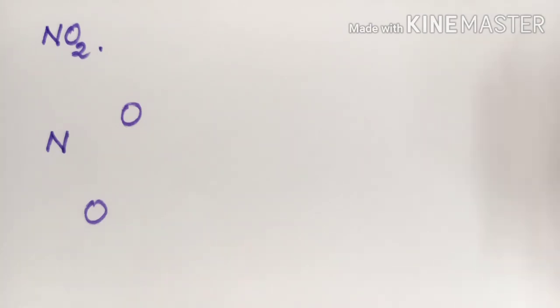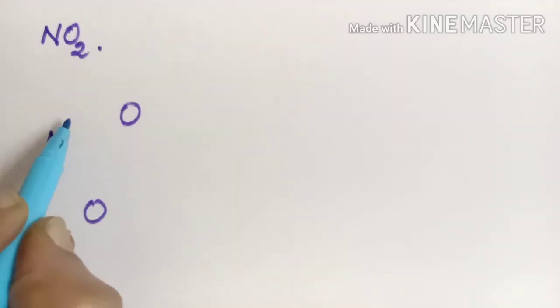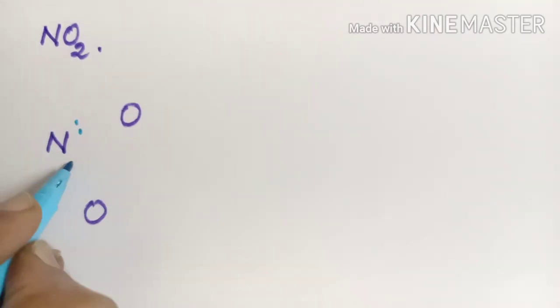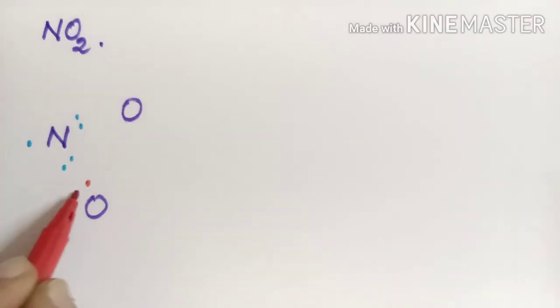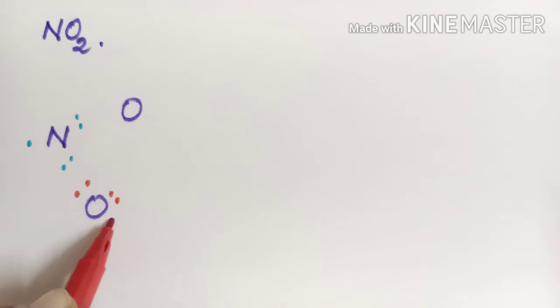So a total of 5 electrons are to be arranged. Here we find 1, 2, 3, 4, 5. This is how I arrange the electrons on nitrogen. Now arranging the electrons on oxygen, we have 1, 2, 3, 4, 5, 6.